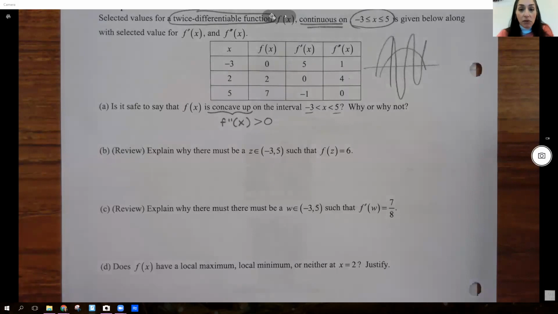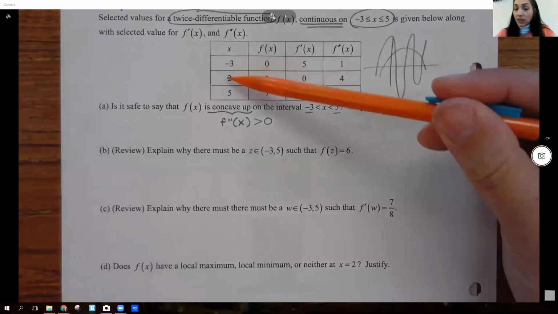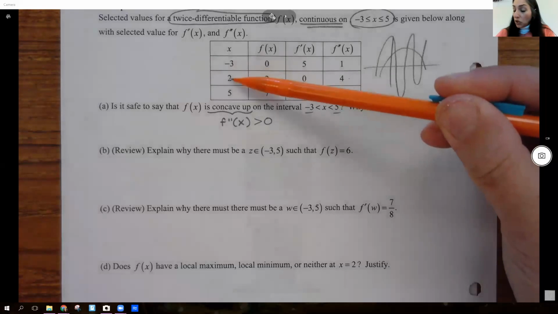And that's the thing. When you have a table, it's only one little snapshot of the information they want to give you. So those of you that said the red X, the reason it's no is because we are not given the entire function. We don't know what's happening on all those little decimals and fractional x values in between -3 and 2, or what's happening between 2 and 5.